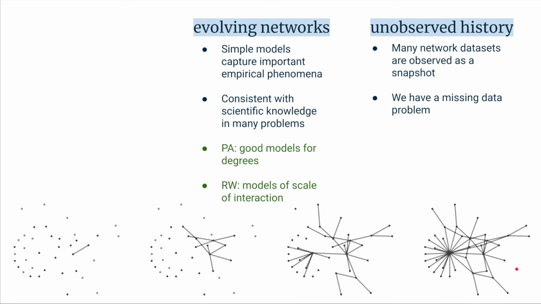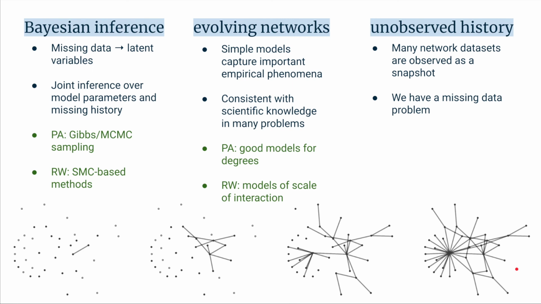Okay, so to address the missing data problem, we took a Bayesian approach to jointly inferring model parameters and the unobserved histories, and in preferential attachment, we were able to exploit the probabilistic structure of the model to use Gibbs sampling and other MCMC sampling approaches that scale quite well. For the more detailed random walk model, sequential Monte Carlo based methods work for relatively small networks. The benefit there is that for small networks, you may want to have more detailed models, and you can actually fit those models to data.